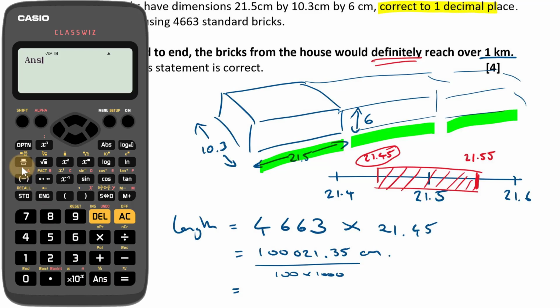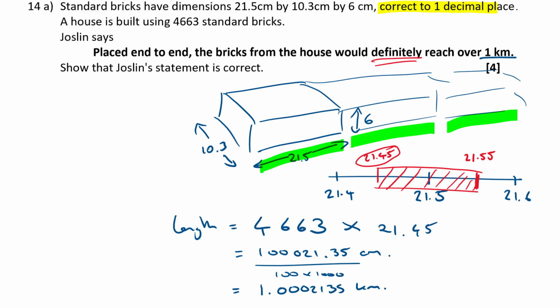So I'm going to take my answer, divide it by 100 and divide it by 1,000, and that's going to come out to be 1.0002135 kilometers. Now, because we took the lower bound, that was the smallest possible length of this, most likely these bricks are going to be longer than that, and so we can say that it will definitely reach over. So we can say that yes, she is correct.